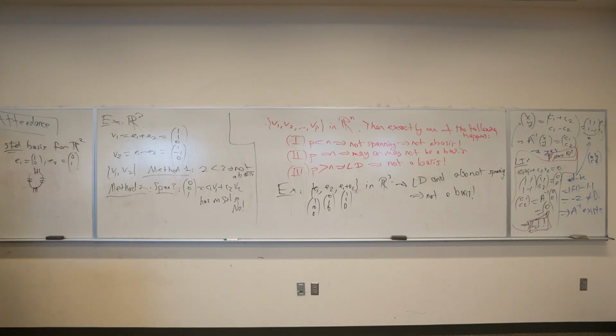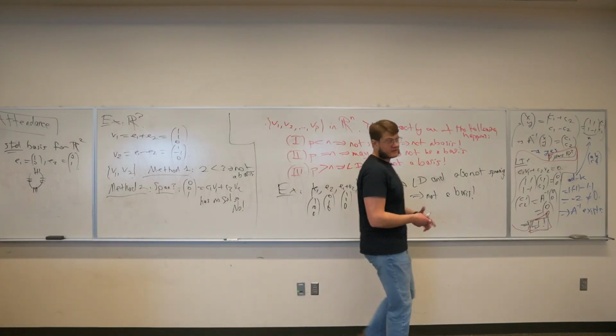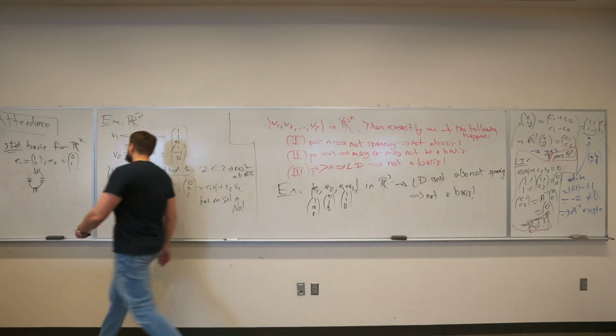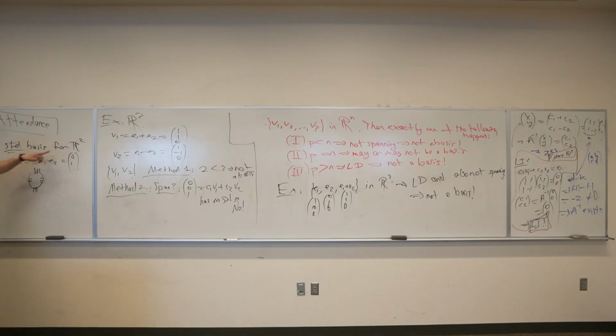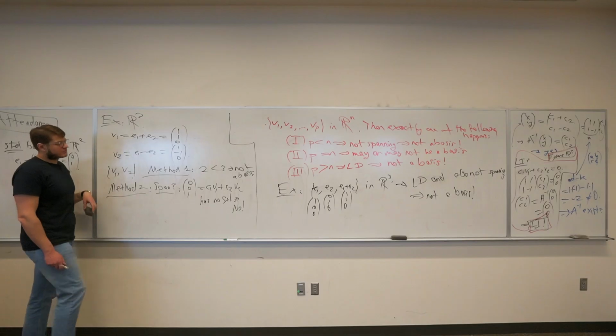I want to say one more thing. Perhaps let's talk about the standard basis of a space of matrices. So the standard bases of Rn are like this. You do something similar with matrices.